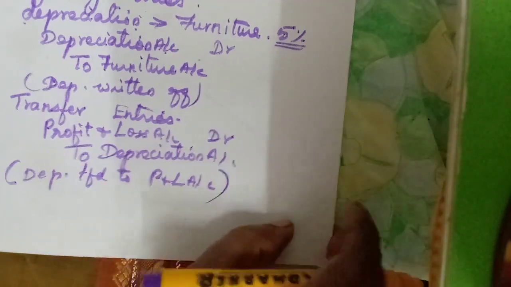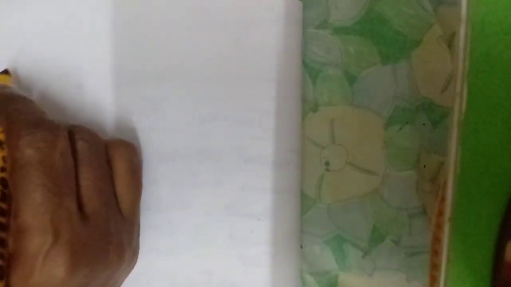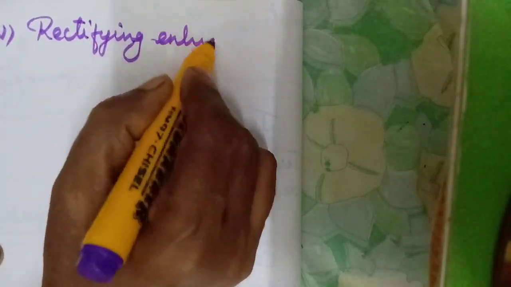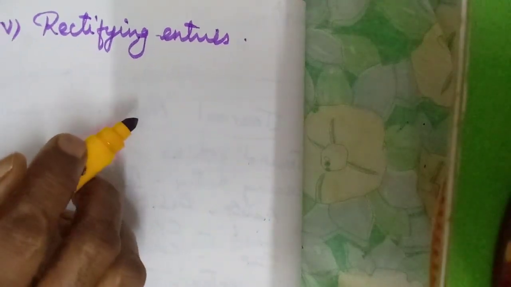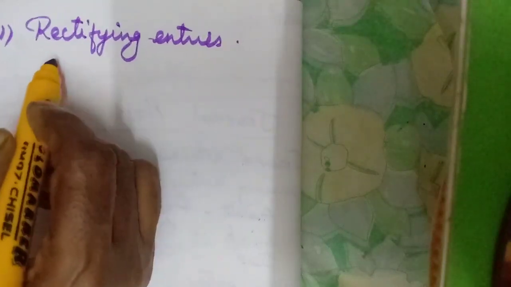Then rectifying entries. Fifth one, rectifying entries. Here, rectifying means rectification. If we have made an error, that error must be rectified.